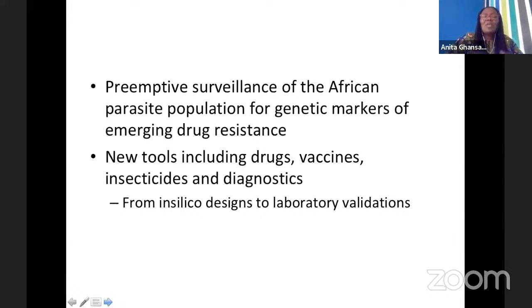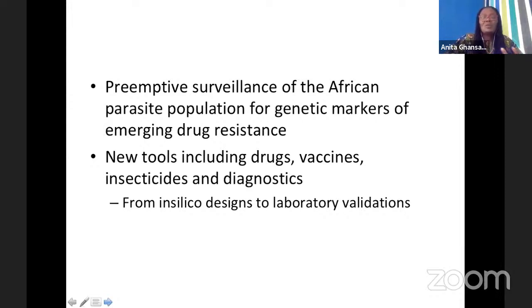We also need preemptive surveillance of the African parasite population for genetic markers of emergence of drug resistance. Apart from just tracking the genes, variants, or mutations that have been identified as functional for ACT resistance, there are signs that we may have different mutations from what has been established in the greater Mekong region.